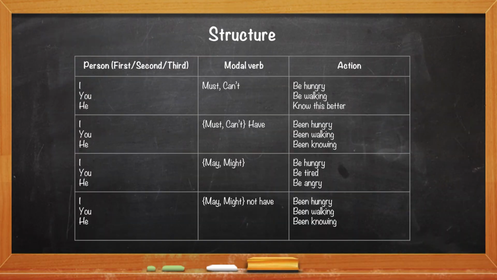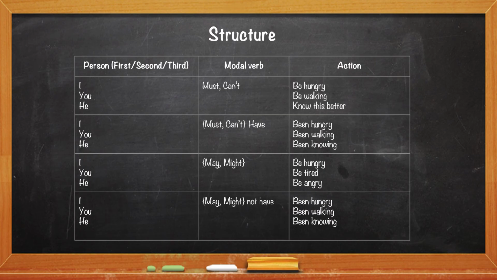Let us look at the structure and the modal verbs. First person, second person, third person, we have already done this, modal verbs and action. Please look at the table here. You must be hungry. I know this better. You can't be hungry. Second column, I have been walking. You can't say "you can't been hungry" or "he can't been hungry."